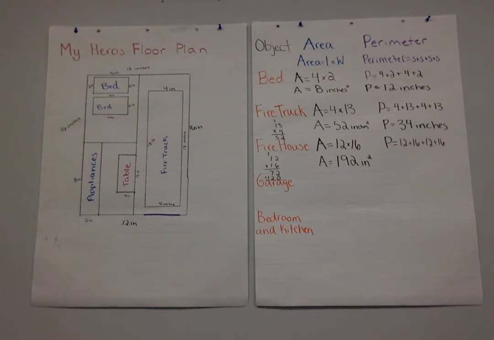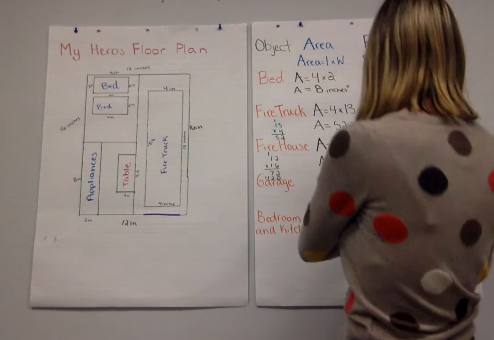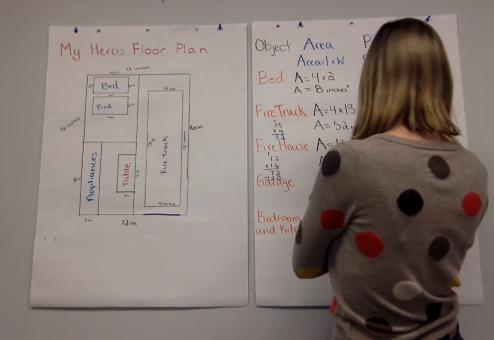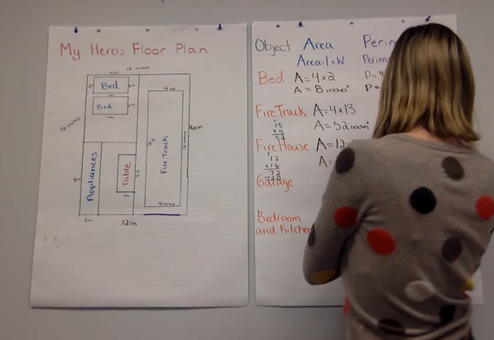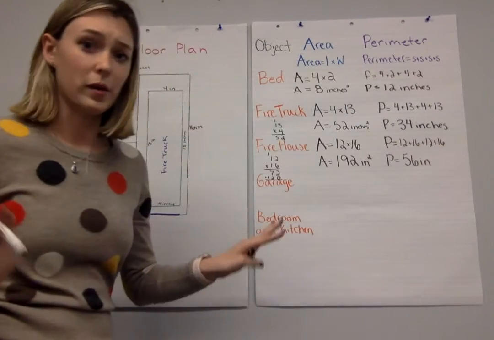So now we need to add 12 plus 16 is 28, plus 12 is 40, plus 16 is 56. The perimeter is 56 inches.